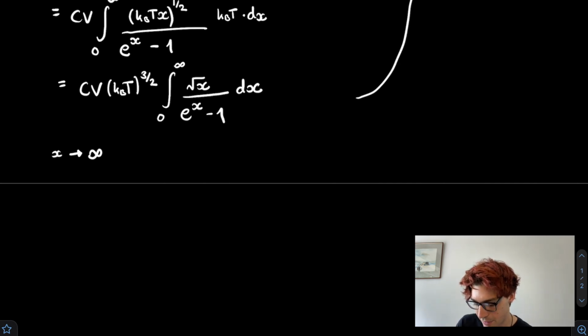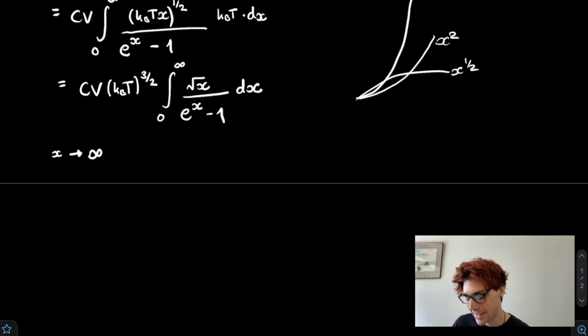Of course, you're going to have other functions like x squared or x to the half, and they're also going to play a part, but e to the x is the most domineering function. You can think of that as the thing that pretty much determines what happens in the limiting cases. It will override anything else.